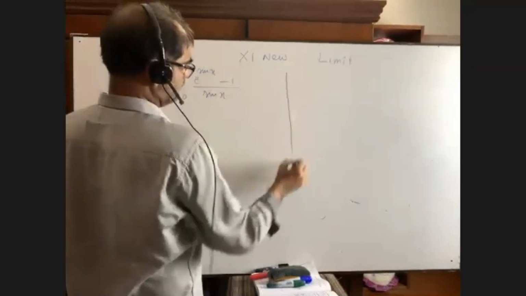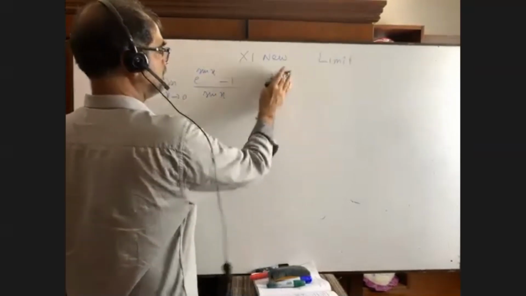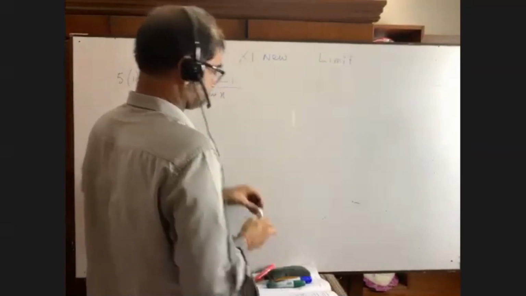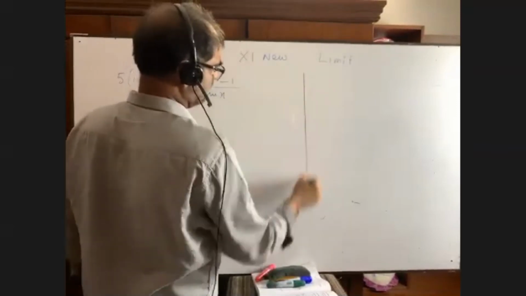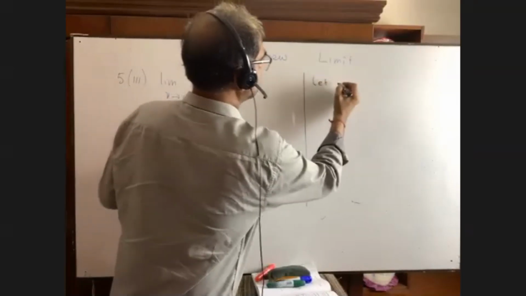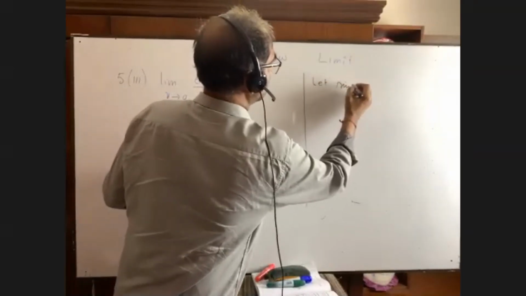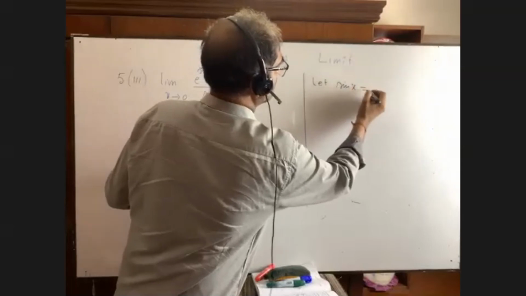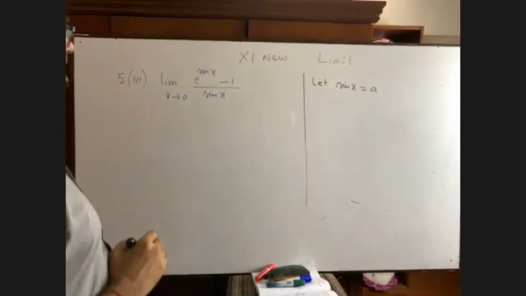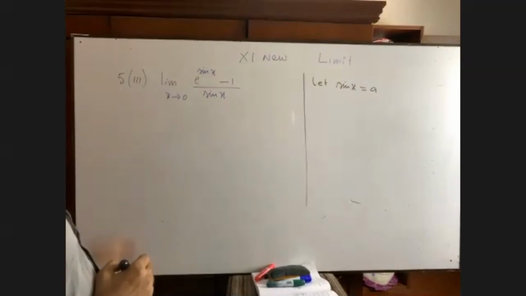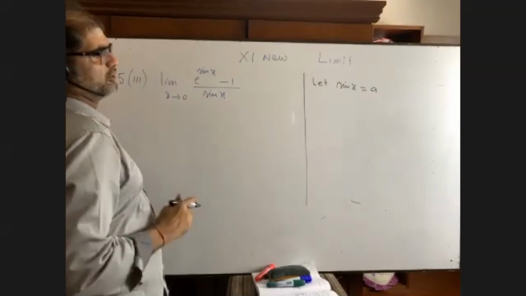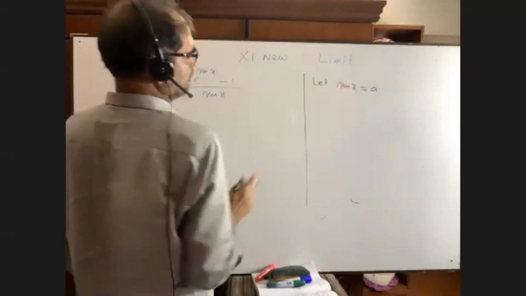You write down here. Let sin x equal a. Now, if x tends to 0, then what about a?